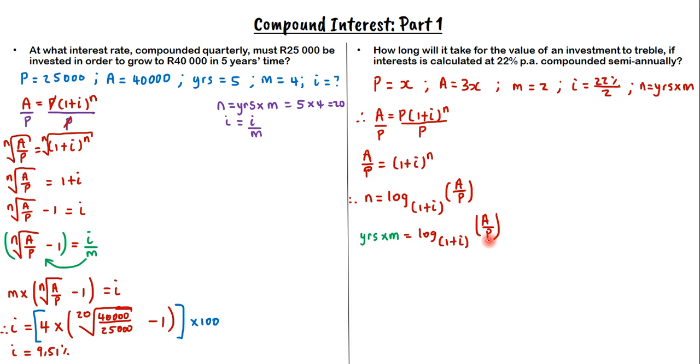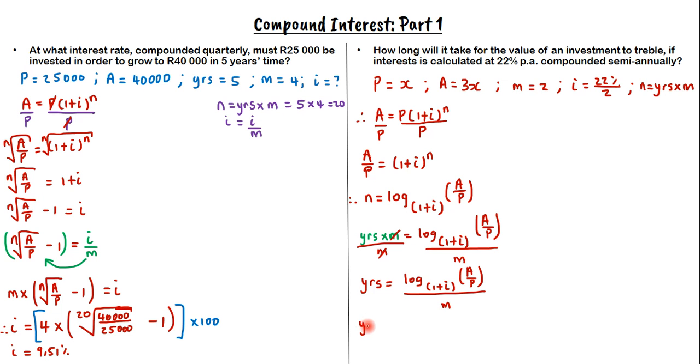Again, like I said earlier, the only reason I'm doing it this way is because I just want to press the calculator once. So now I'm going to divide this by m and divide this by m. That way I'm left with years. So the years will be that formula: log base 1 plus i into a over p, over m.